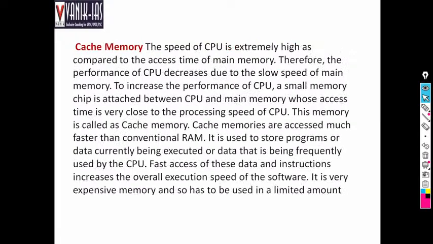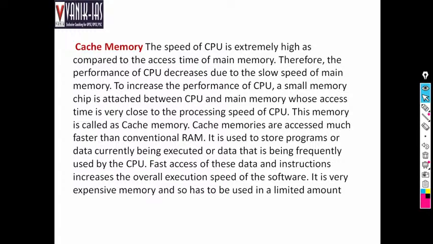Then we'll see another type of memory, that is cache memory. So here we learned three types of memory. One is ROM, which is non-volatile memory, fixed in our mobile or laptop, which we cannot change. Then PROM, a programmable chip.